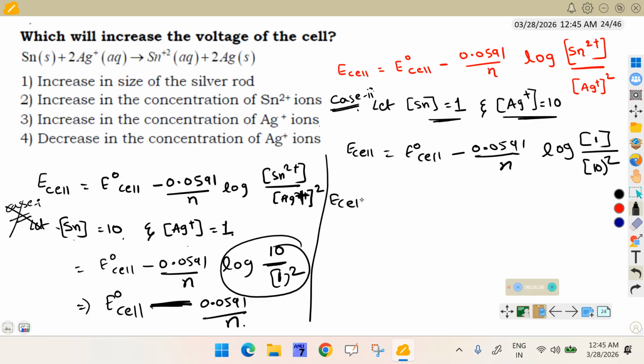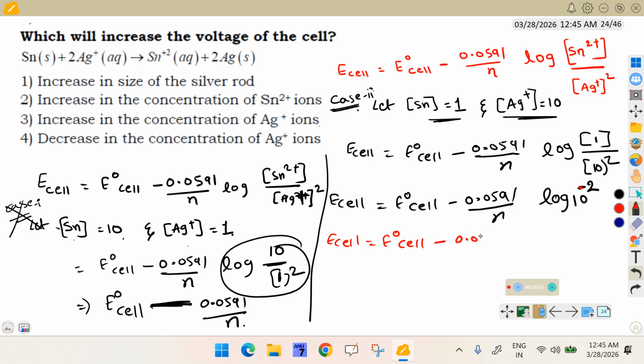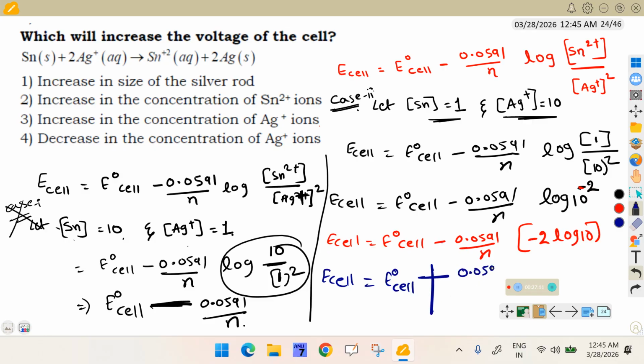Then E cell is equal to E naught cell minus 0.0591 by n log of 10 power minus 2. Log of 10 power minus 2 is also written as E cell equals E naught cell minus 0.0591 by n times minus 2 log 10. Minus into minus plus. E cell is equal to E naught cell plus 0.0591 by n times 2 log 10.